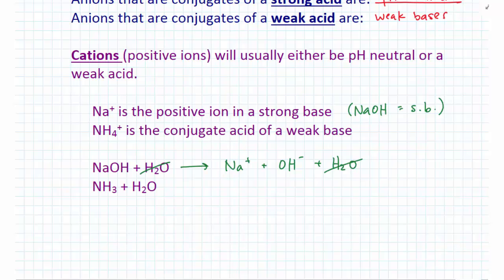Whereas NH4 plus is the conjugate acid of NH3. NH3 is a weak base. So if we draw equilibrium arrows, if NH3 is a weak base, it can accept a proton from water, making NH4 plus and hydroxide.